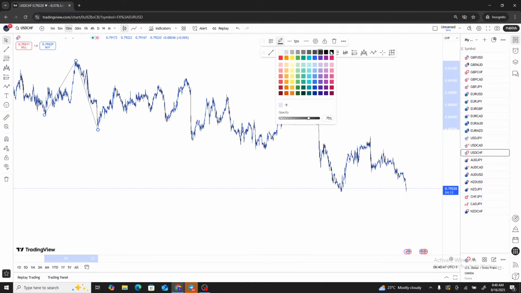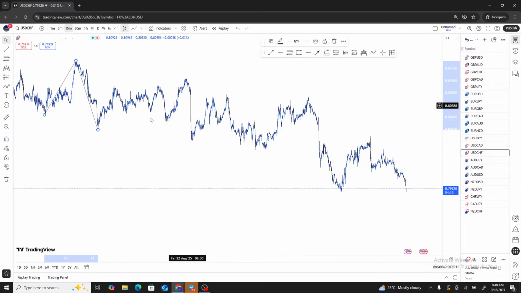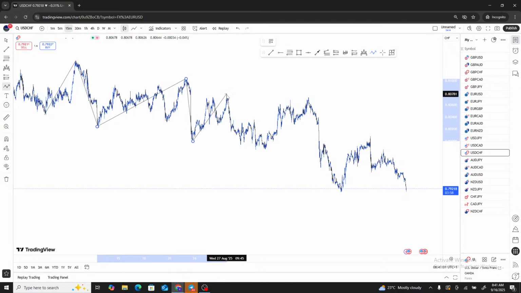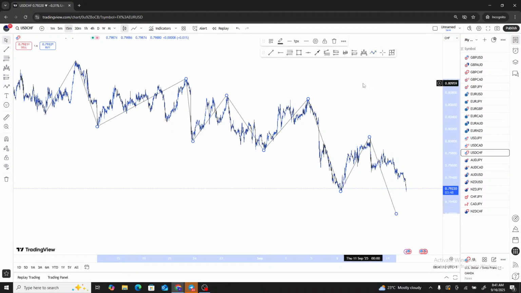I'll make this in pure black. It has been on a downtrend, doing a series of lower highs and lower lows, and we expect a lower low.